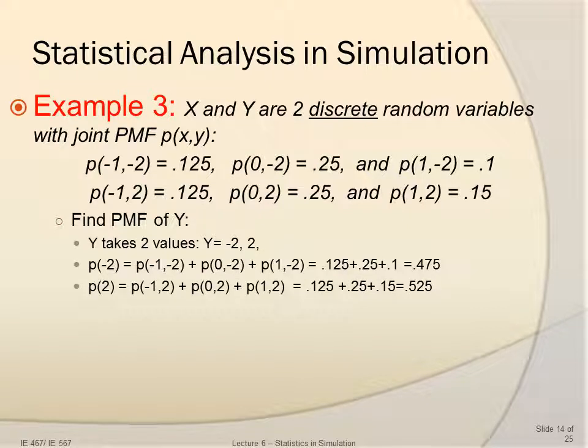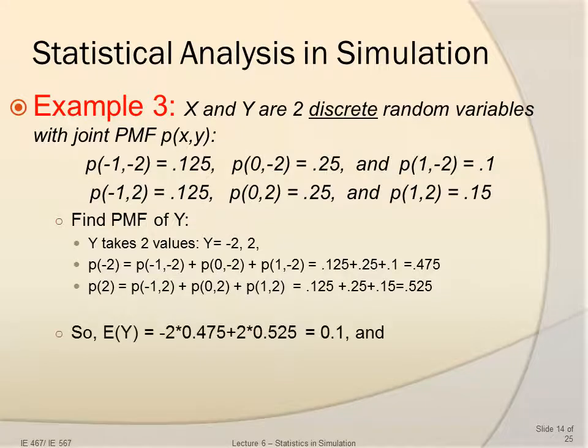The next and final thing is to find the probability of 2. Again, we sum up all the joint probability values pxy where y is equal to 2. These are P(-1, 2), P(0, 2), and P(1, 2). When we sum those up, we get 0.525.